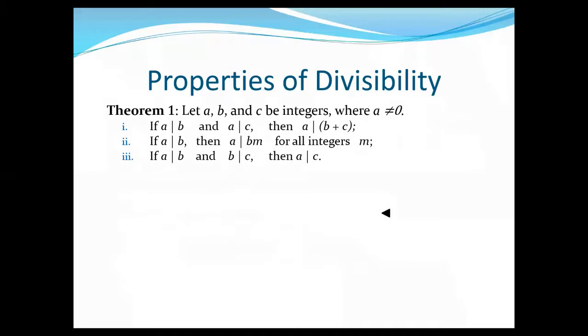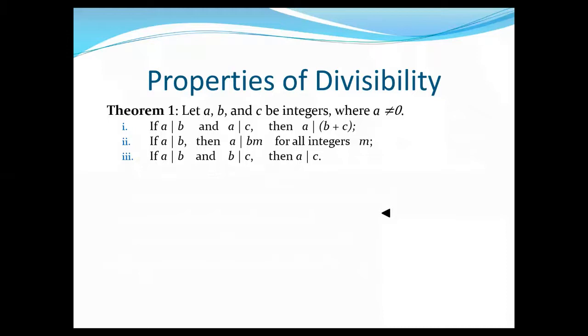Form 3: if A divides B and B divides C, then A divides C. So we could say that B is a factor of C and A is a factor of B. Since we have common values here, since B is based on A, we could say that C is also based on A. So A is a factor of C, based on the relationship through B. So that's why the result is A divides C.